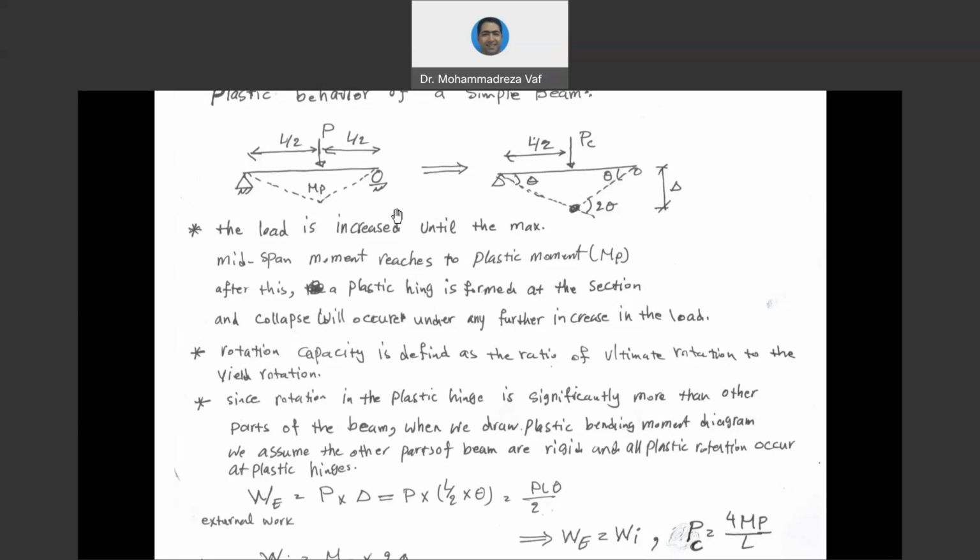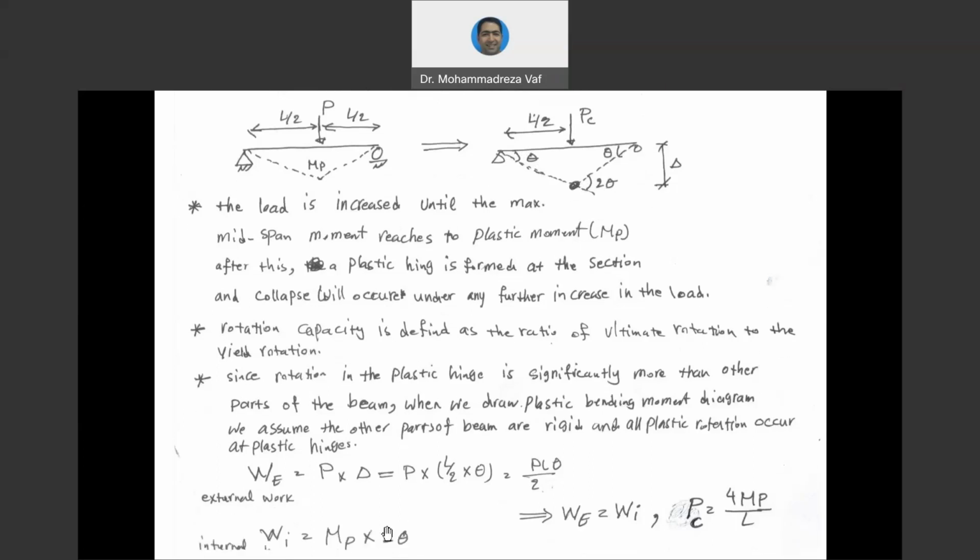Therefore, internal work is going to be this bending moment multiplied by its rotation. Since we have 2 theta rotation here, compared to the time that the beam was completely straight, horizontal, it has rotated 2 theta, and the bending moment here is equal to MP. So MP multiplied by 2 theta is the internal work that has been done at the time of collapse.